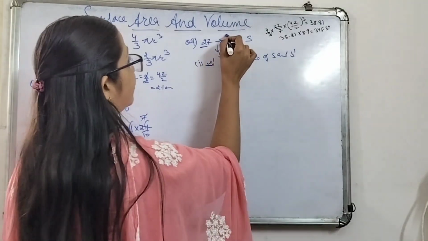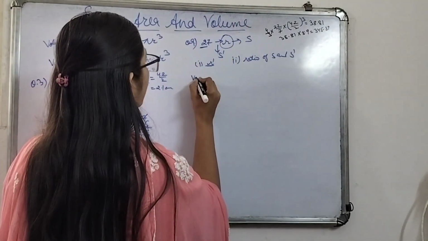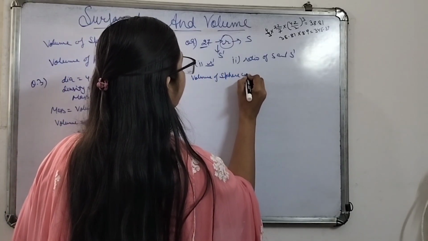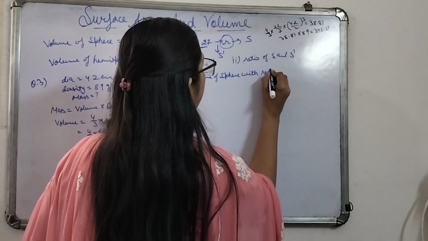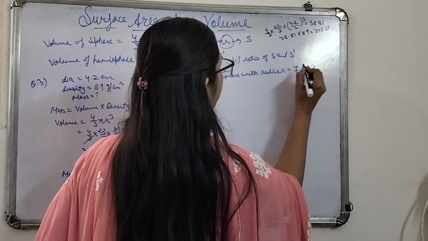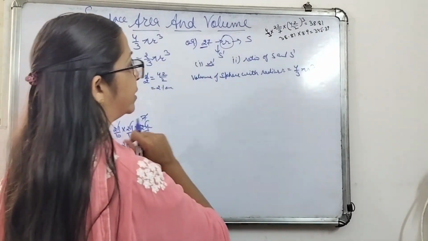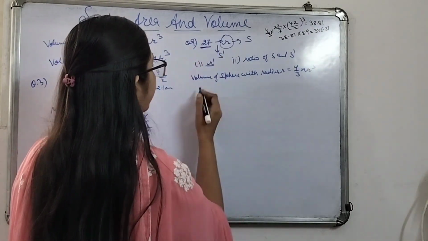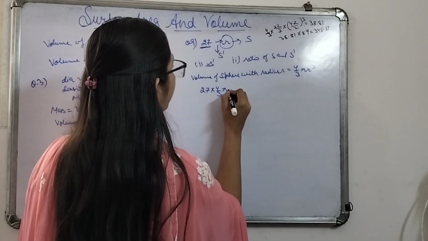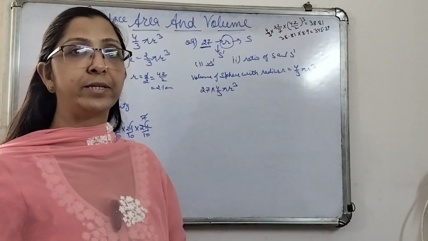First of all, we find the volume of the sphere with radius r. It will be 4 upon 3 pi r cube. But there were 27 such spheres, so the volume of 27 spheres will be 27 multiplied by 4 upon 3 pi r cube. This is the volume of 27 iron spheres.